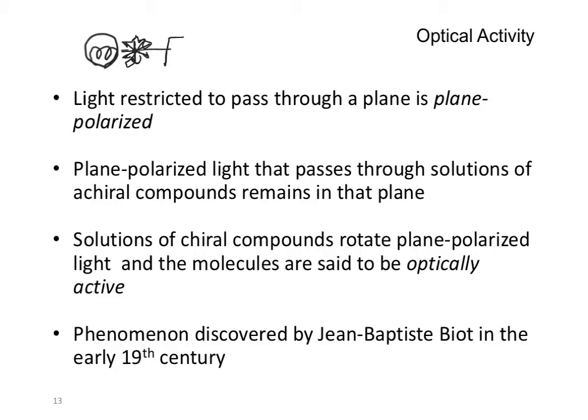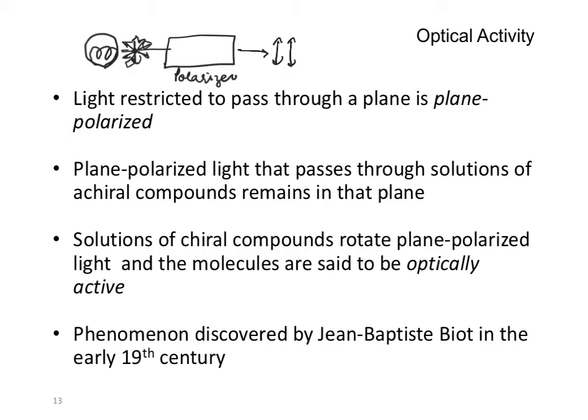He allowed it to move through a polarizer. A polarizer is like an anti-glare glass, and so you're going to allow the light to pass through this polarizer. What that would do is it would allow the light waves to now move in just a single plane.